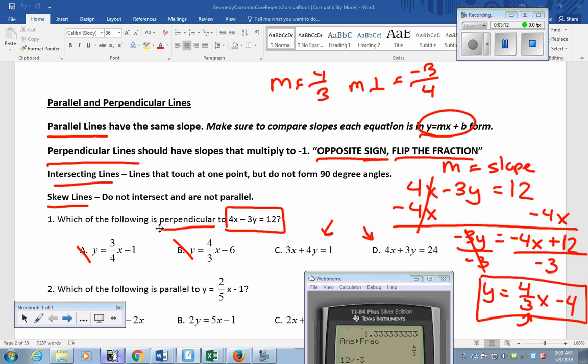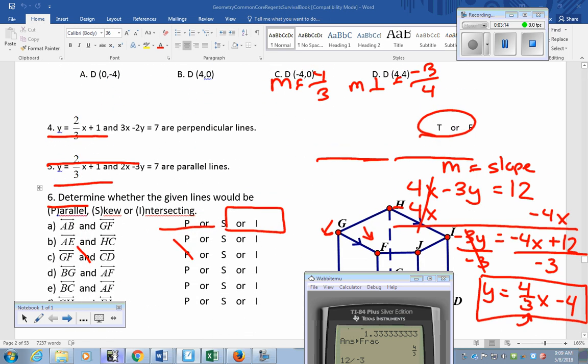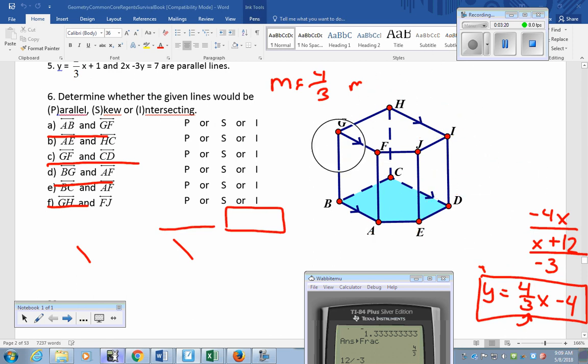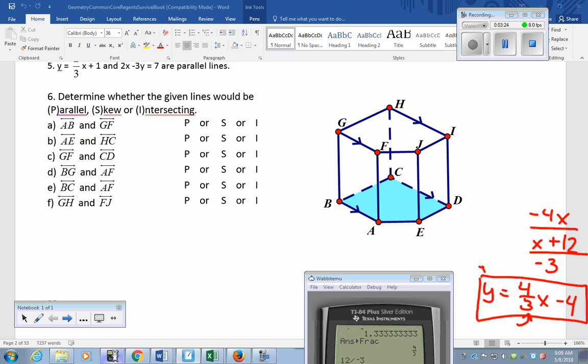So moving on from there, at the bottom of the page, you'll see a diagram. It's a pentagonal prism. Now it says what each letter represents. P is parallel, S skew, and I intersecting. So I'm going to look at question A. We got A, B, and G, F. So you want to find those two.